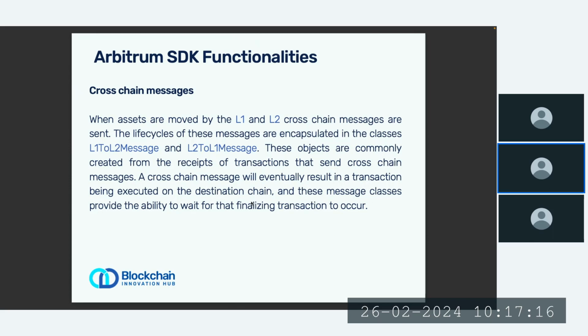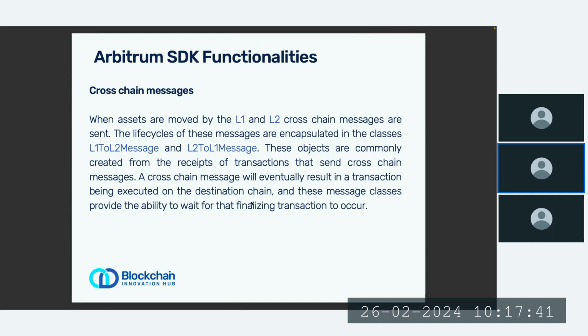And then there are the classes for L1 to L2. If you want to get the message, there's a method you can use, which is L1 to L2 message. And then we also have L2 to L1 message, right? So all these are just a brief overview. Maybe we'll dive fully into this on Wednesday, when we're dealing with messaging.